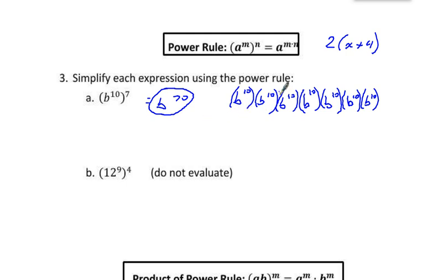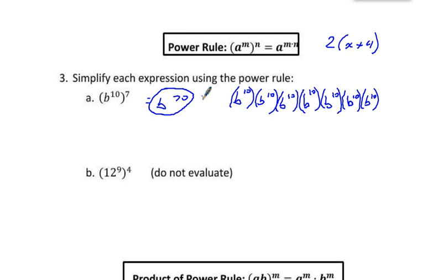And there's 7 groups of those. Well, if I was to write all of them out, 10 b's, another 10 b's, another 10 b's, all the way, and I counted them all up, there would be 70 of them. This is more of a visual way of looking at why the power rule works.